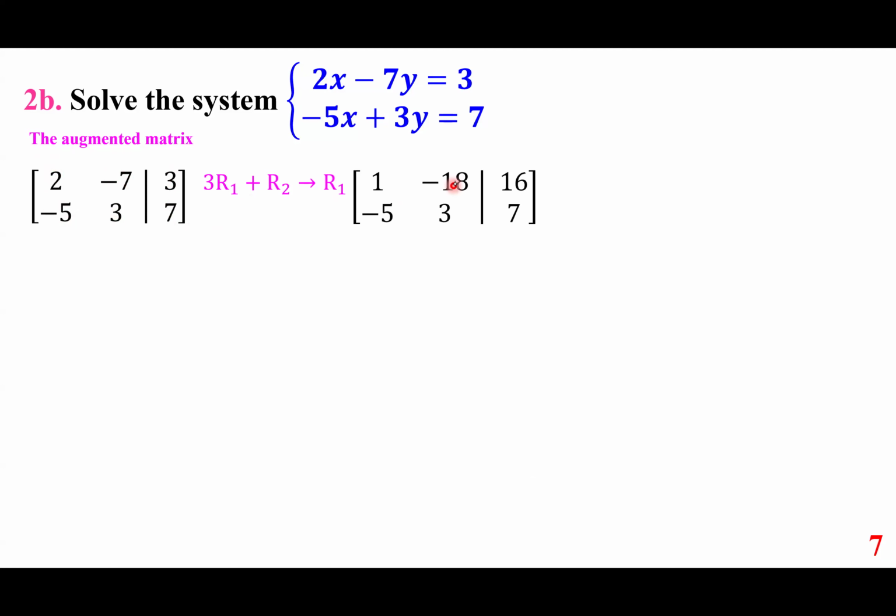So we don't want to change this. We rewrite this, but this we want to change to 0. To change this to 0, I multiply this by 5 and add to this one, so 5R1 plus R2. If I multiply this one by 5, I get 5, and negative 5 is 0.